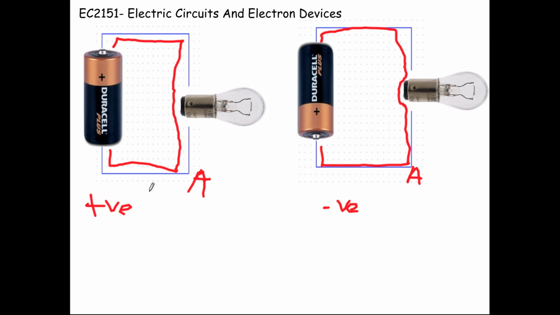The current goes through the positive and then goes here, so I'll just mark an arrow here. Here the current leaves the reference node A, so I will term this current as having a negative value. So once again, it depends upon the designer.